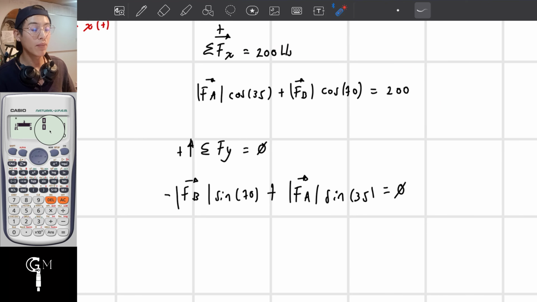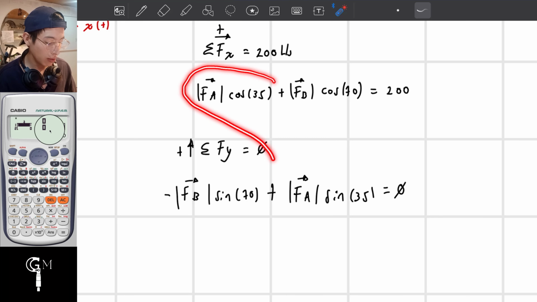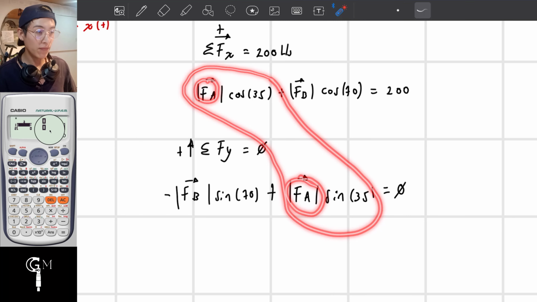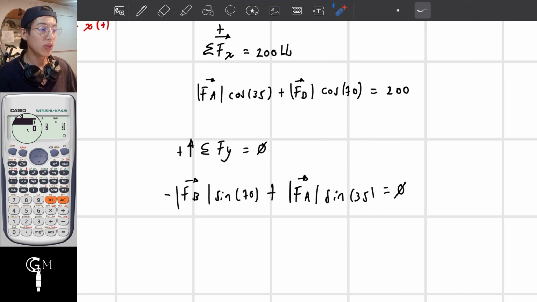But when I'm going to put it within the calculator, I have to make sure that this, which corresponds to the FA unknown, has to be placed within the first column.